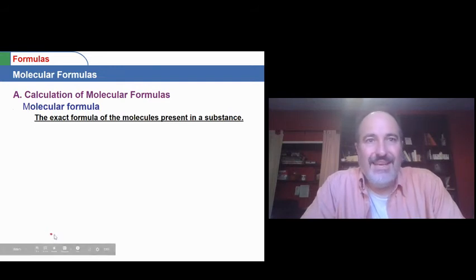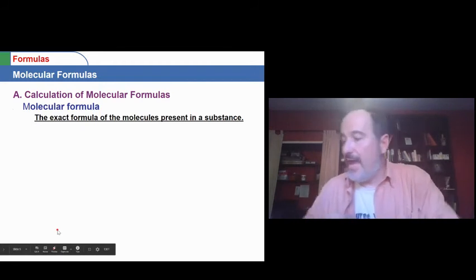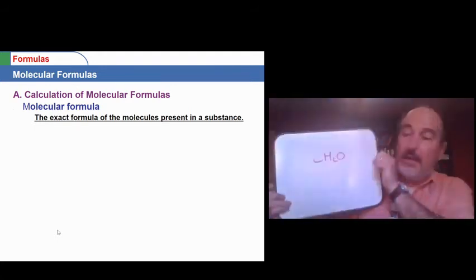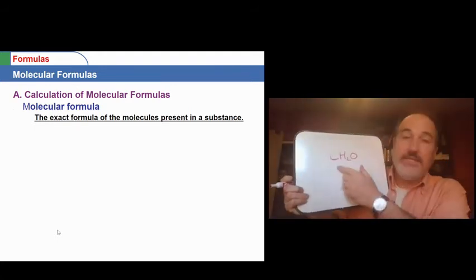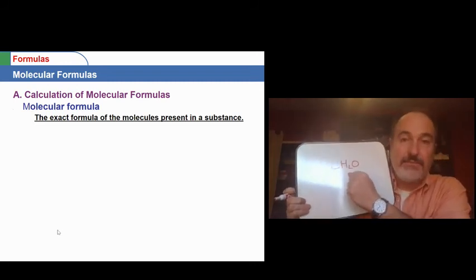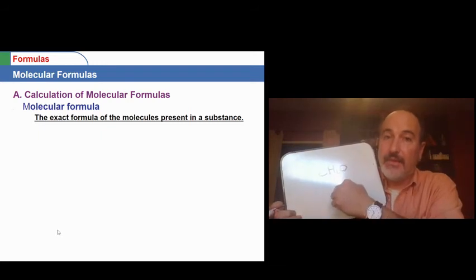For example, let's say you have the formula CH2O. All right, you have CH2O. Now, this is an empirical formula, because if you notice the subscripts, you cannot reduce down to any smaller numbers.